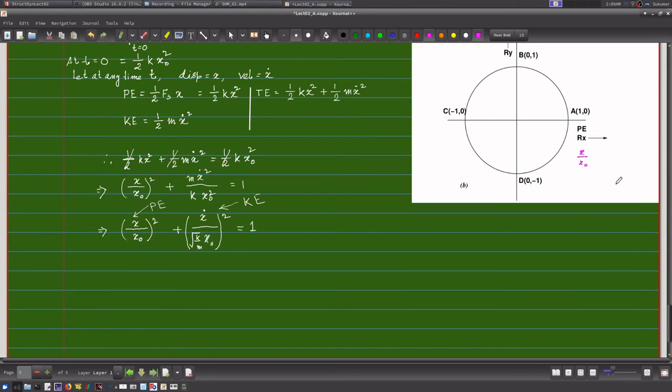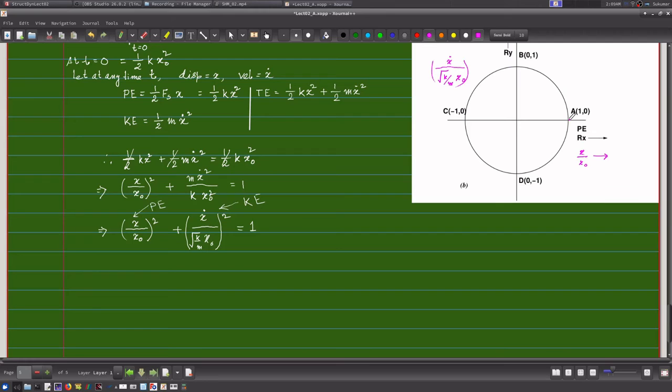And in the y direction I can plot this kinetic energy term, which is nothing but x dot by root over k by m into x naught. Now if I plot this equation, it shows me that it will be a circle having unit radius.